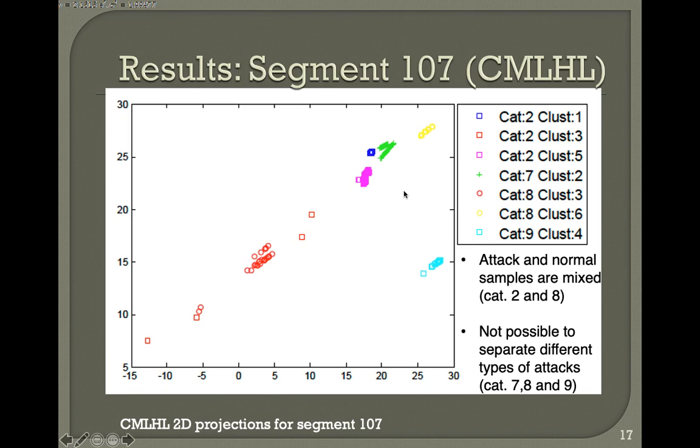In the next segment, which is more complicated than the previous one, here there are more mixed samples than the previous cases, so again, it's difficult to separate the normal behavior from the attacks. However, here the groups are more compact than in the previous one, though there are samples which are mixed, for instance, in this case, with normal behavior and attacks.